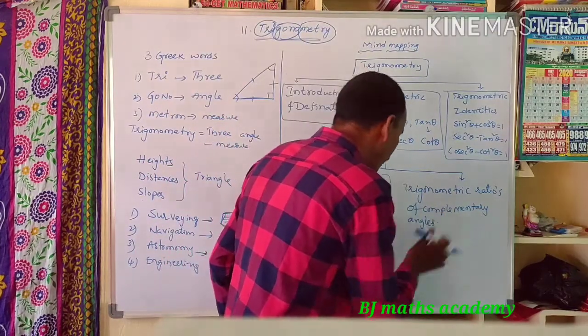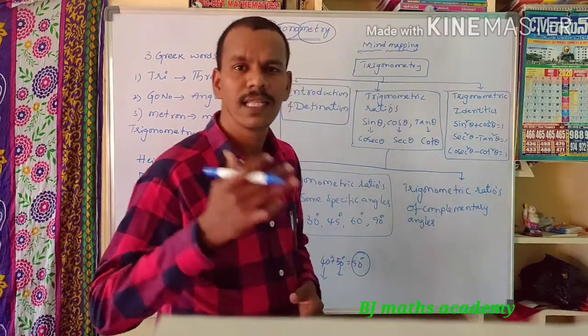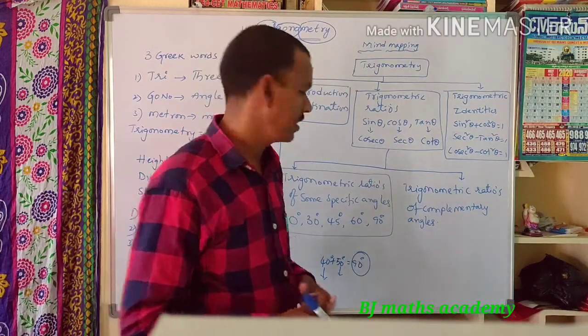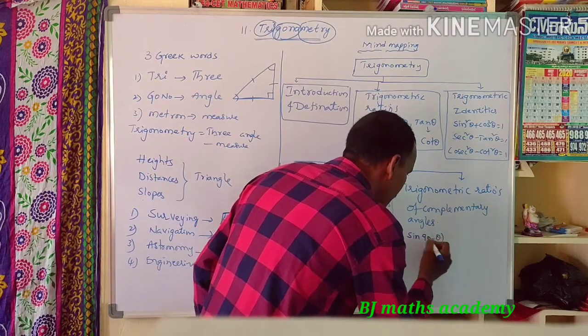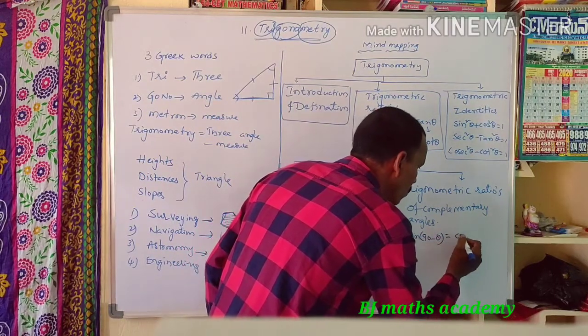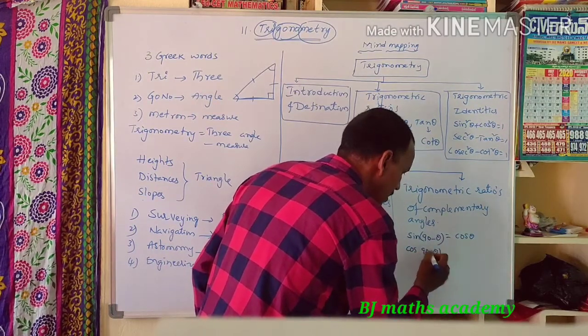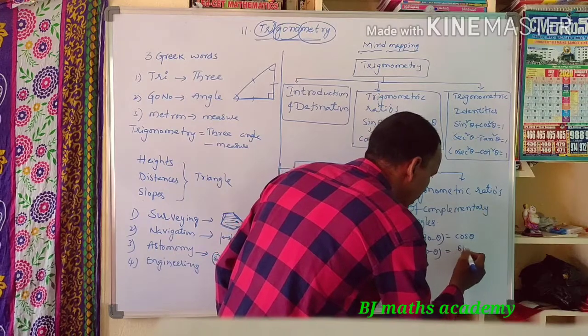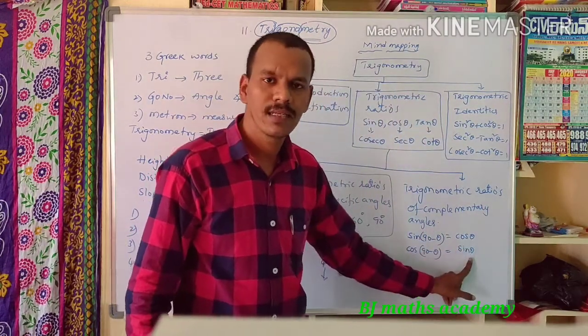Now there are 6 trigonometric ratios, so there are 6 complementary angle relations. First one is sin 90 minus theta is equal to cos theta, and cos 90 minus theta is equal to sin theta. Here sin becomes cos and cos becomes sin.